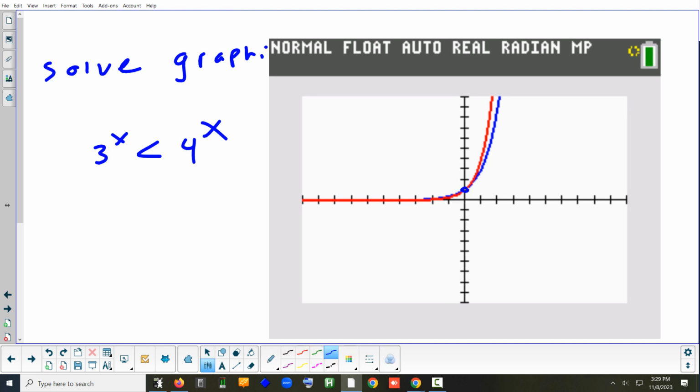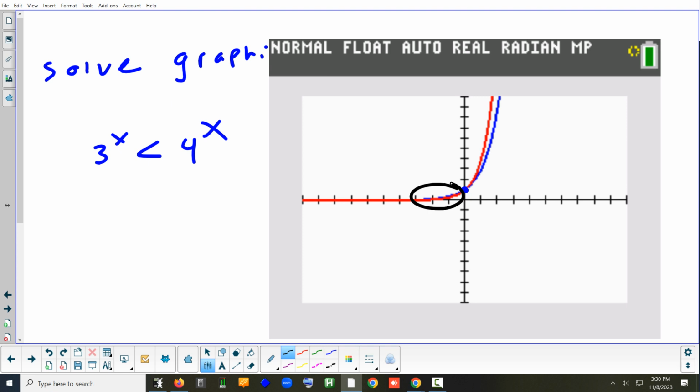So now we want to write down when 3 to the x is below 4 to the x. So you want to describe that using x. So when x is less than 0, the graph in blue is under the red one?